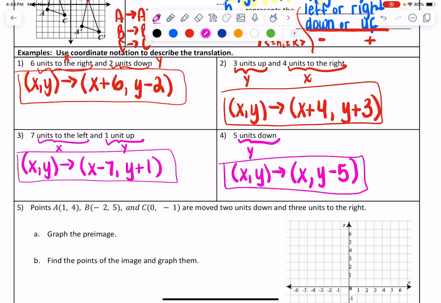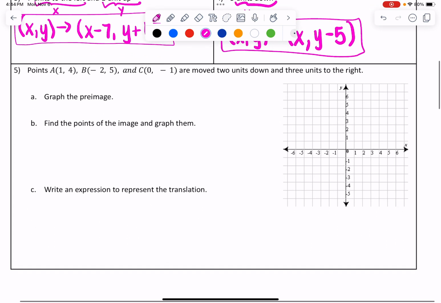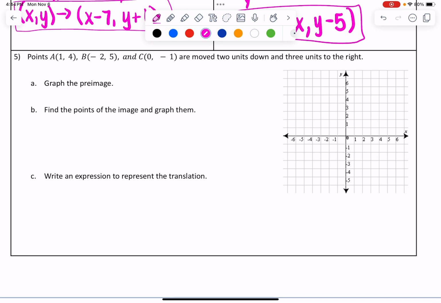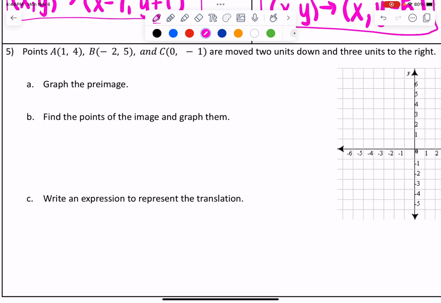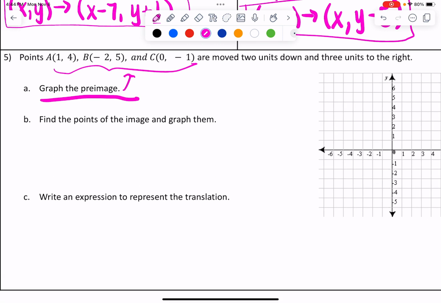Obviously we can always look at a graph with this. So here's what we're going to look at next. It's similar to what we've done before, we're just now translating. The first part we've done before, graph the pre-image, that means you're just graphing these 3 points. So I'm going to have 1, comma 4.